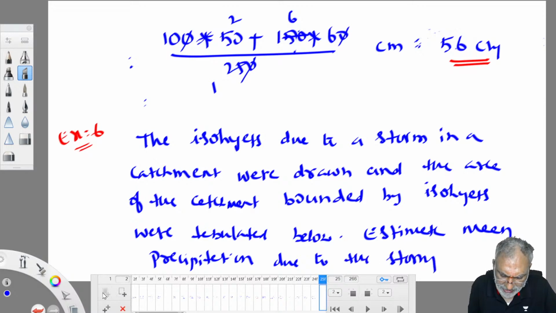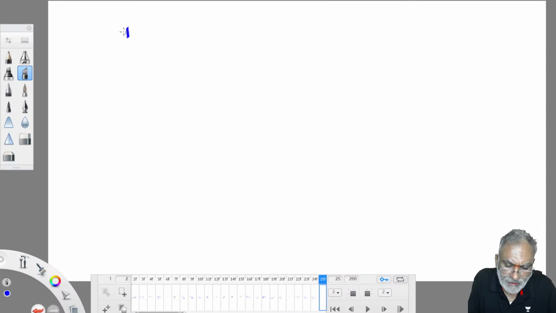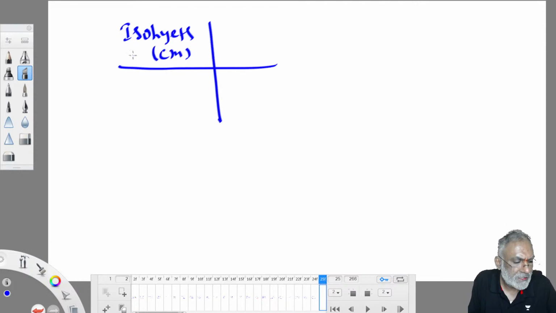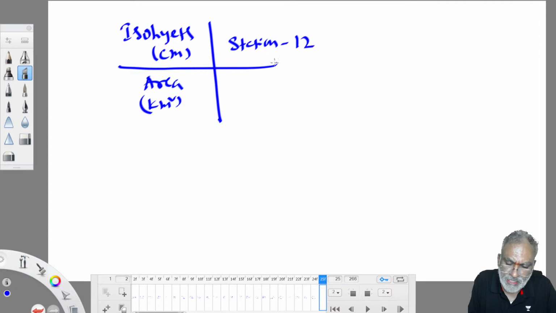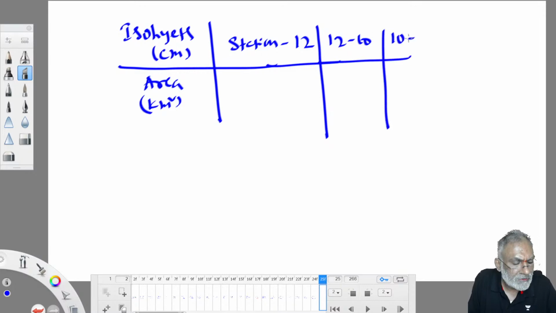Of course, he has given options also, and he has given a table. Isohyetal lines are given, isohyets in centimeter, that is rainfall, they represent rainfall only, and the area enclosed between them in kilometer square. Station, no isohyet is there. Station and 12, and 12 and 10, and 10 to 8, then 8 to 6, and 6 to 4.